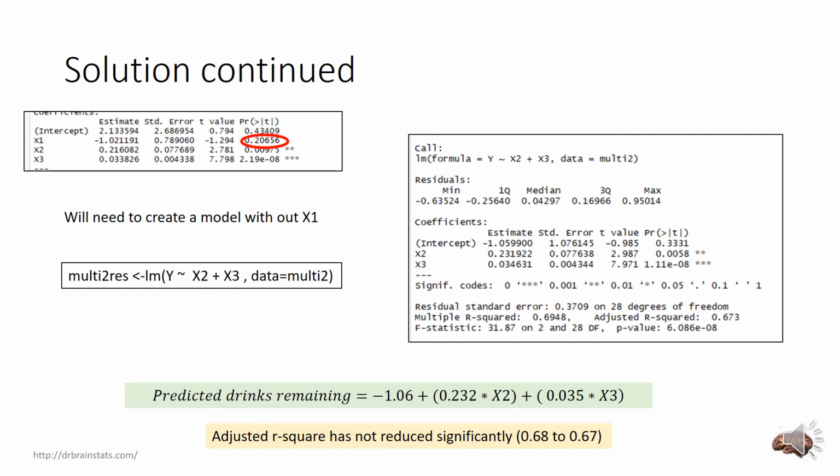So our predicted drinks remaining is now minus 1.06 plus 0.232 times x2 plus 0.035 times x3. And as you can see, the adjusted R-square has not reduced significantly, falling from 0.68 to 0.67. So although we have removed one variable from the model, it hasn't really affected the performance.